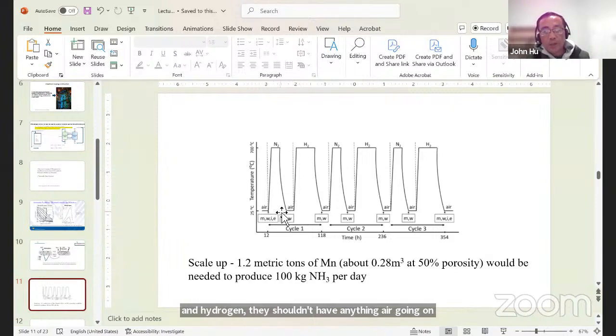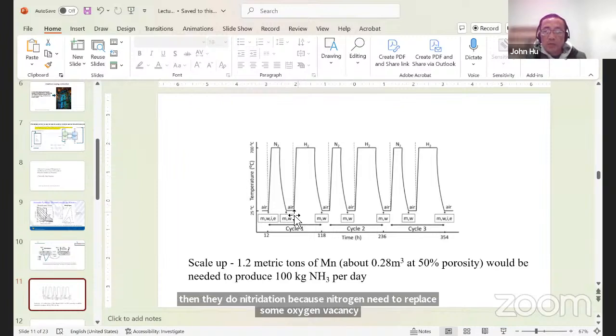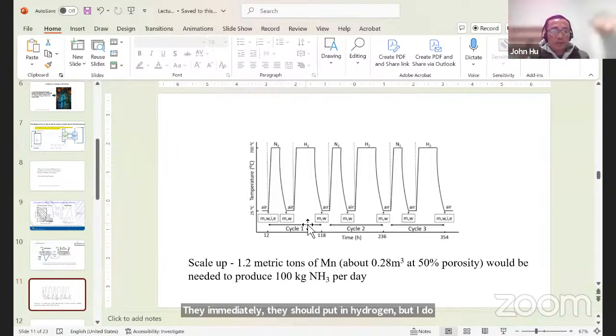I think something is wrong with this paper. They begin with the metal oxide, then do nitridation, because nitrogen needs to replace some oxygen vacancy. Then they should immediately put in hydrogen, but I do not understand why they put air in there. Maybe their students just didn't consider it, but they published it.